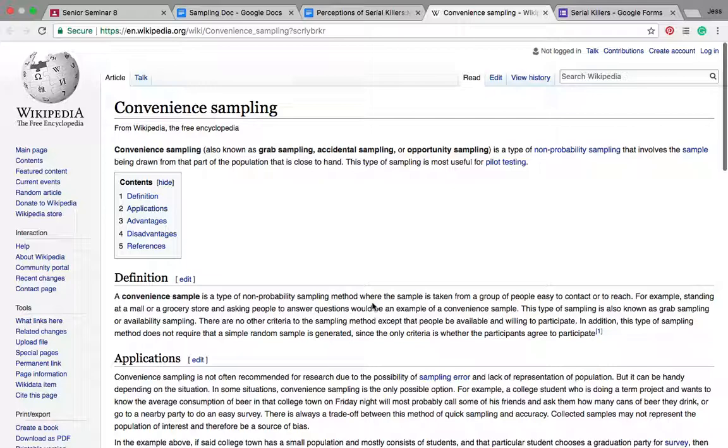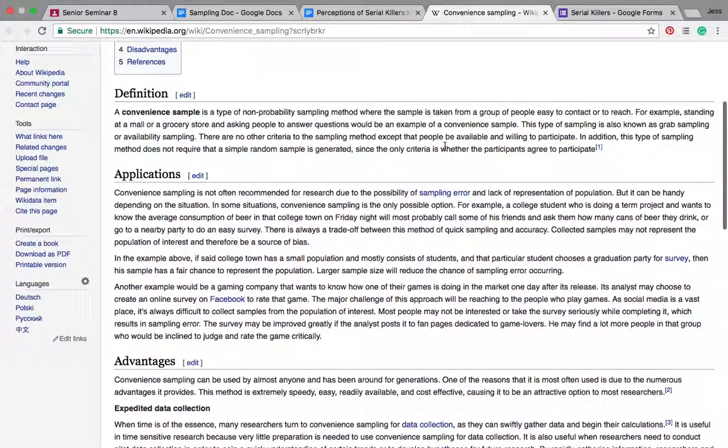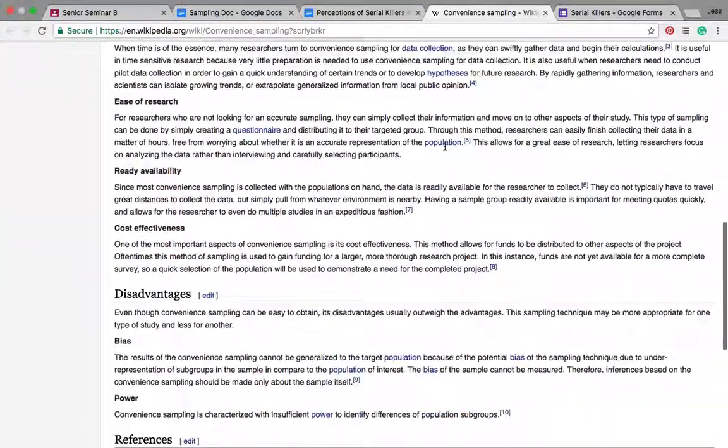If you don't want to do this, I'm going to tell you a secret. It's already provided for you in the sampling limitations in the design subsection or the limitations subsection. But I recommend just following the link and looking at convenient sampling.